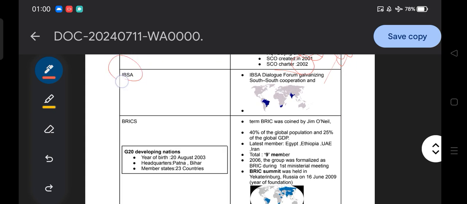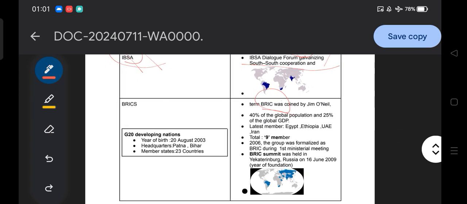Then IBSA, the dialogue forum that galvanizes South-South cooperation. Then BRICS: the term BRIC was coined by Jim O'Neill. BRIC represents 40% of the global population and 25% of the global GDP.